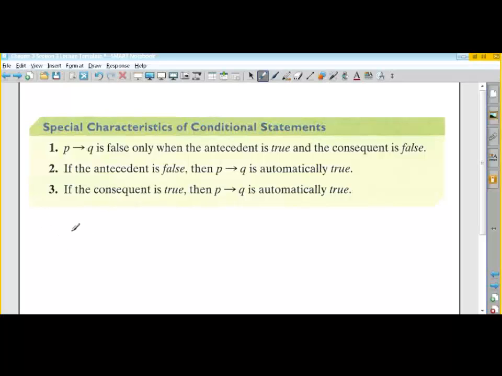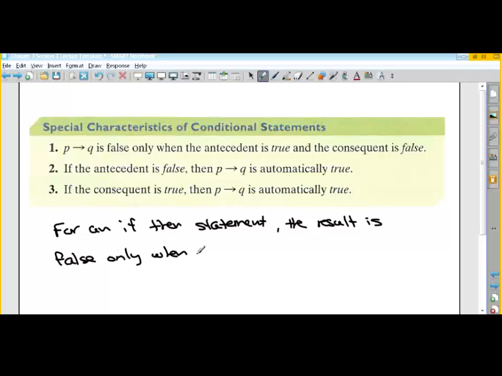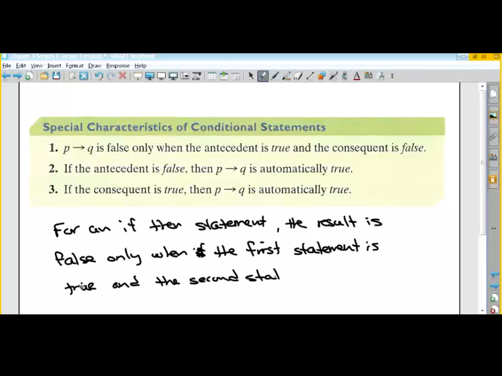So another way of doing this, the way I do it, is for an if-then statement, the result is false only when the first statement is true and the second statement is false.